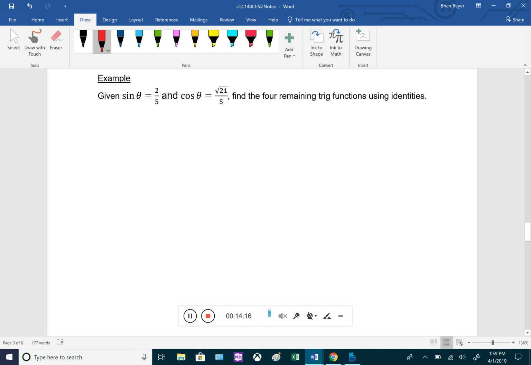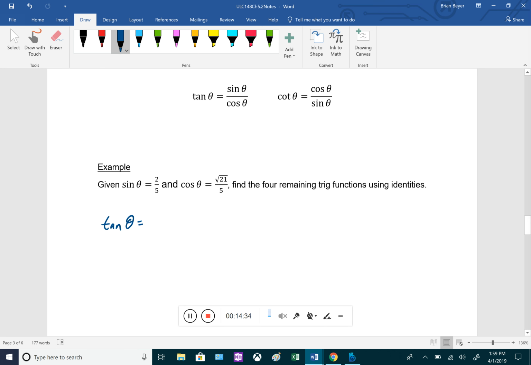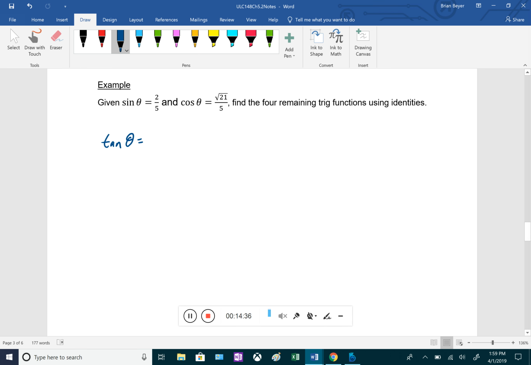Okay, so let's say we are given sine of theta is 2/5 and cosine of theta is radical 21 over 5. We want to find the 4 remaining trig functions using identities. So let's do tangent first. Using the identities above here, we can use that quotient identity. We know that tangent of theta equals sine theta over cos theta.